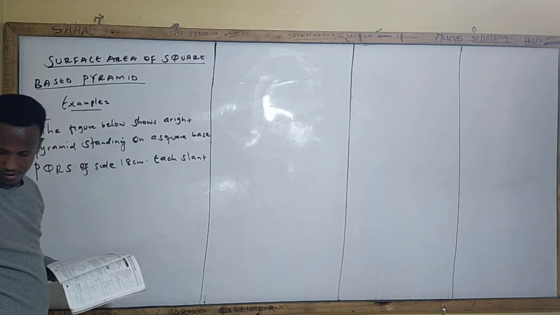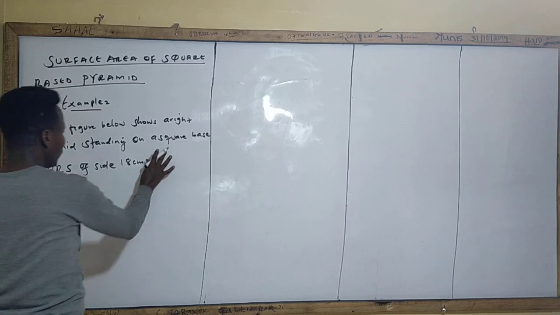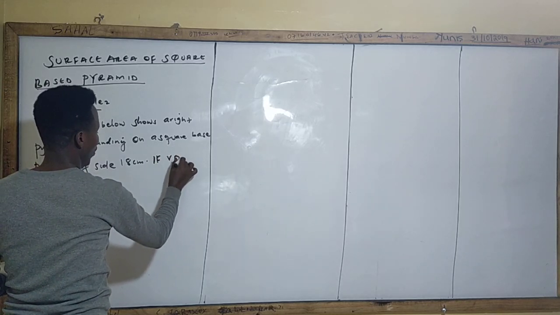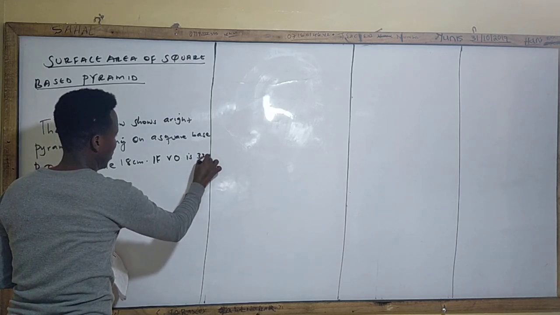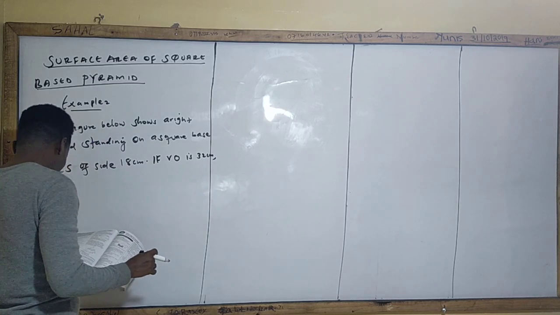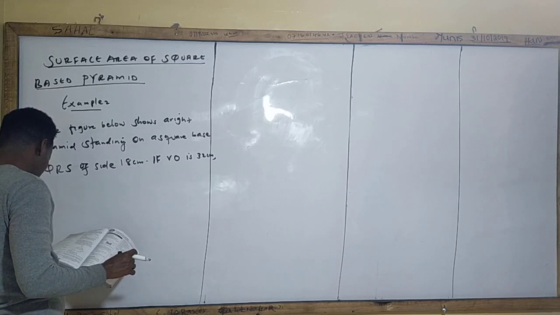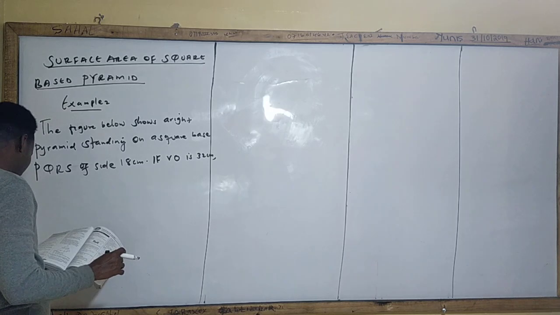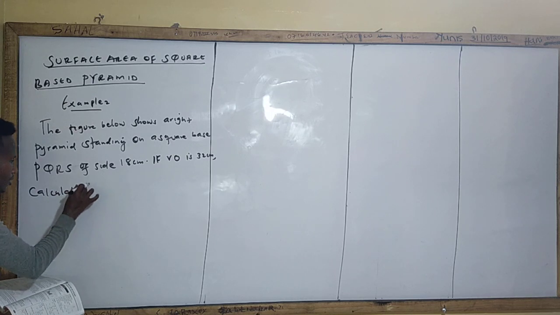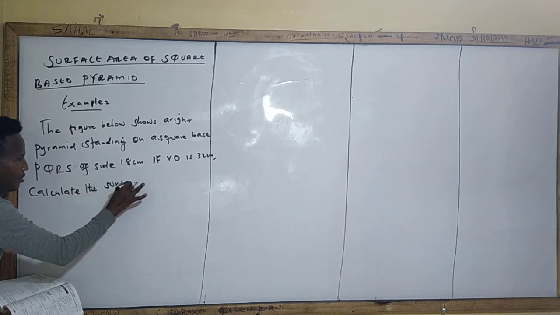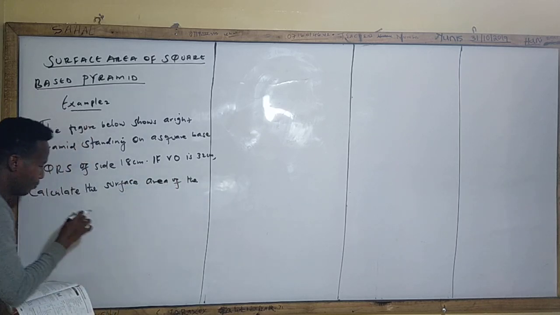If VO is 32 centimeters, calculate the surface area of the pyramid.